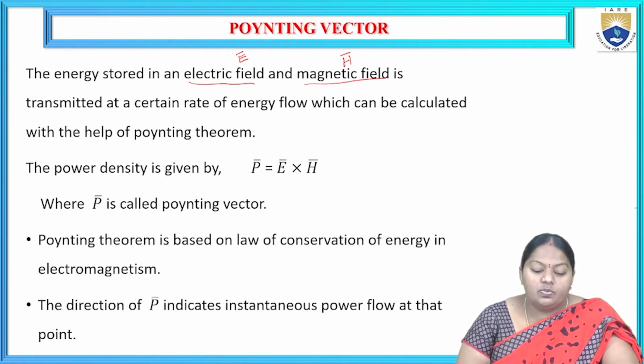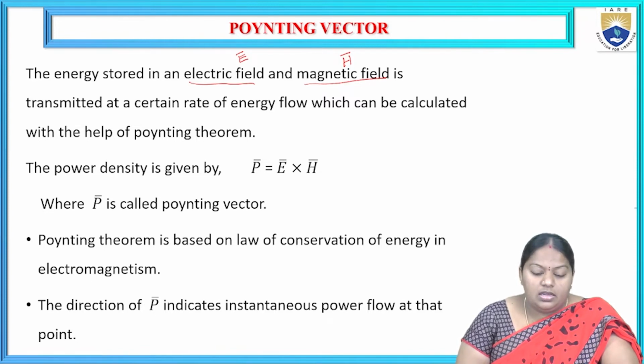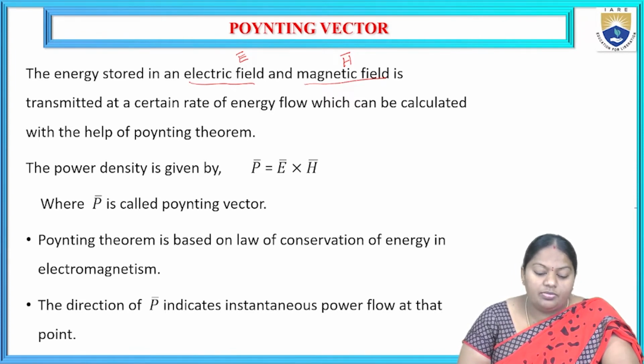By using this Poynting theorem we can measure the energy or rate of energy flow which is to be transmitted. So in order to measure the energy stored in electric as well as magnetic fields, which can be considered as a certain rate of energy flow, this can be calculated with the help of the Poynting theorem, and it is denoted with P. Here this P bar is also a vector.